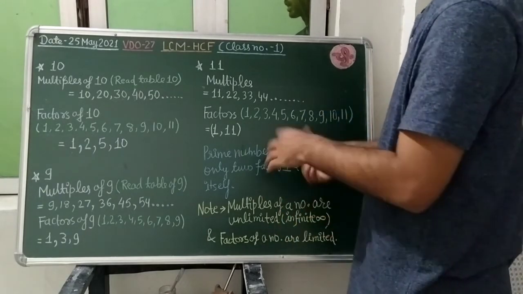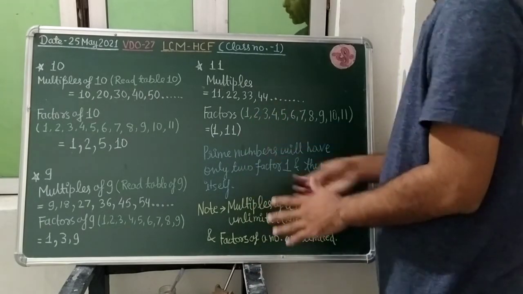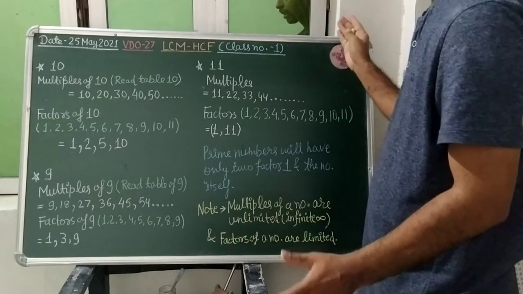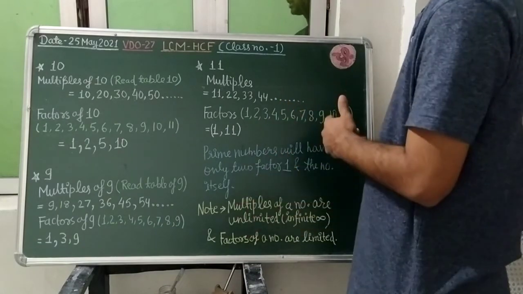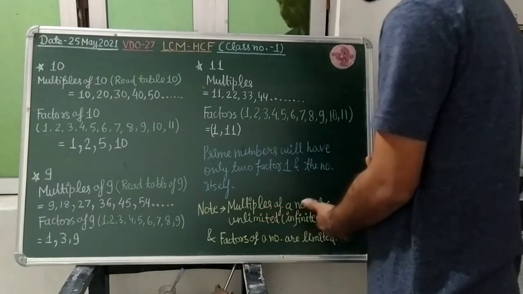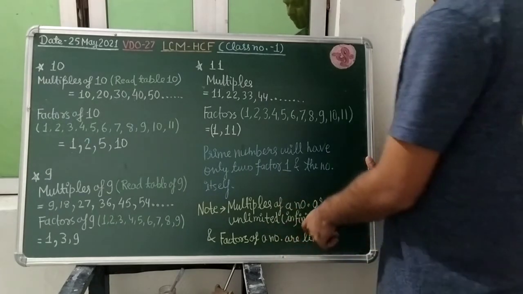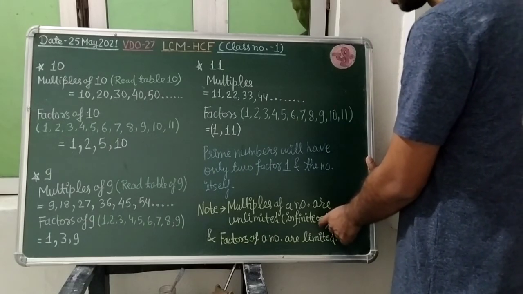When you are writing the multiples of any number, you read out the table, and up to where you can read out the table, now it will go infinite. It will be unlimited. So multiples of a number will be unlimited, which you can say is infinite as well, and the symbol of that infinite is something like this.